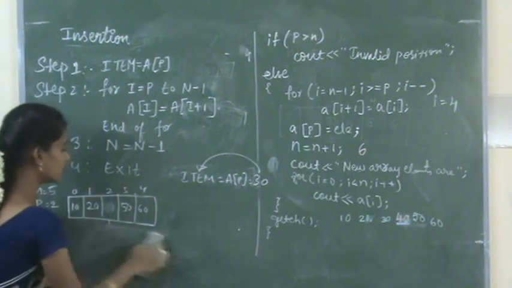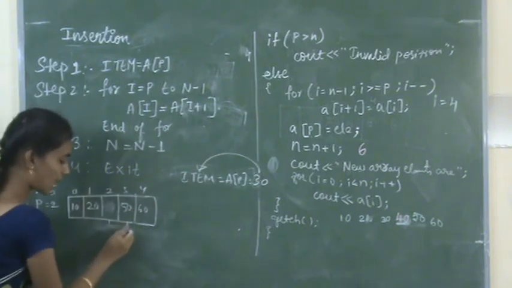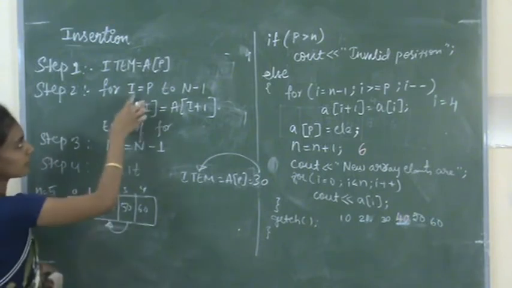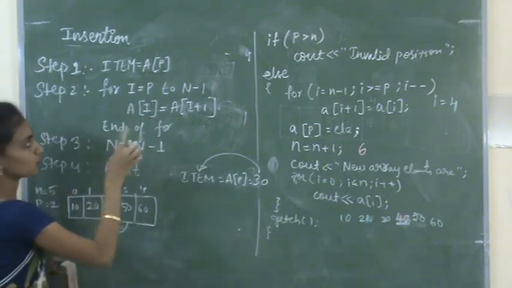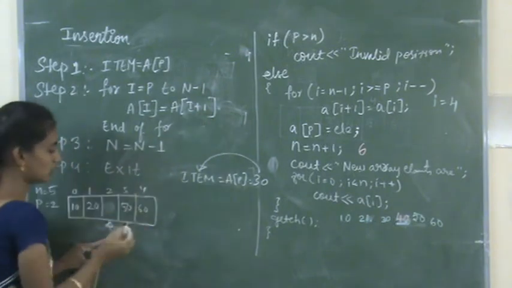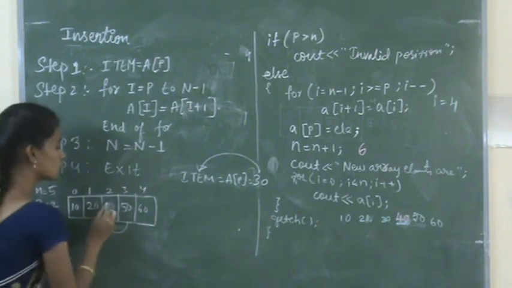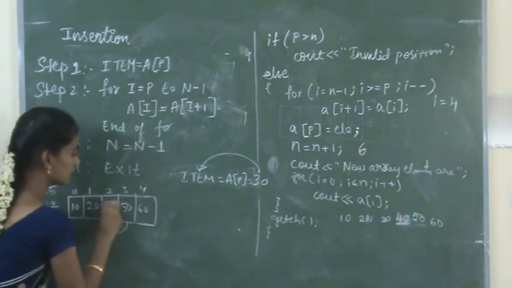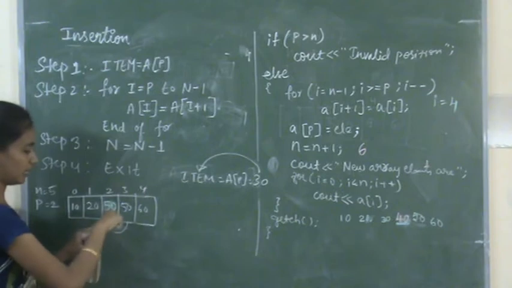First I will shift the I plus 1 value to the I value. I is 2, so I plus 1 means 3. The position 3 value is stored in position 2. That value is 50. So I shifted this value to here.